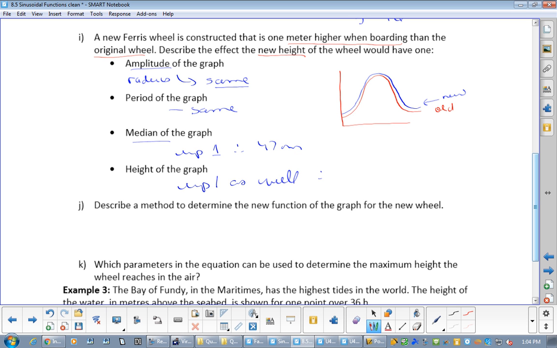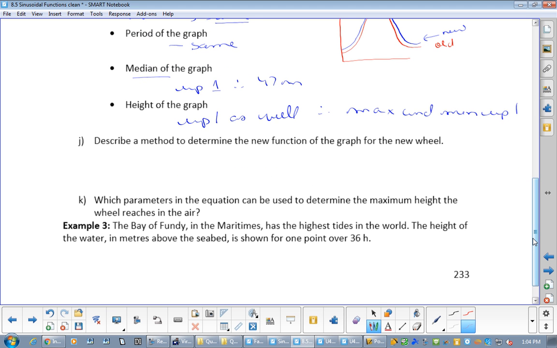So therefore max and min up 1. So here's what they will ask. And you don't want to give this question up in the diploma, right? I want you to think through it.